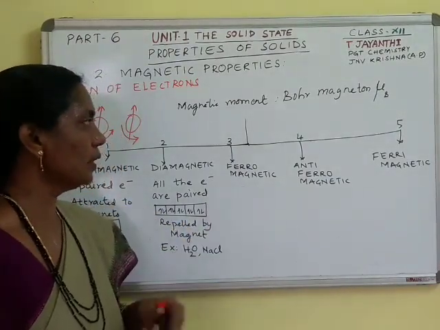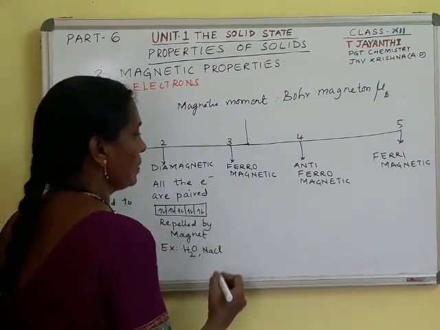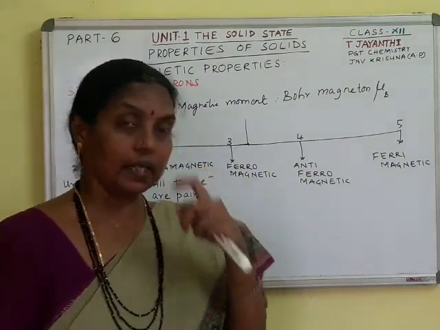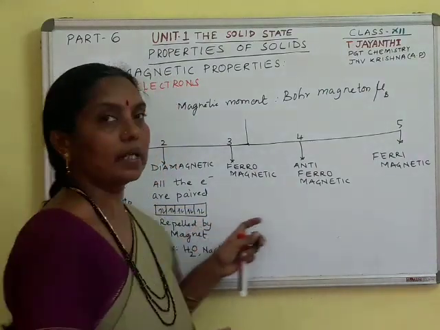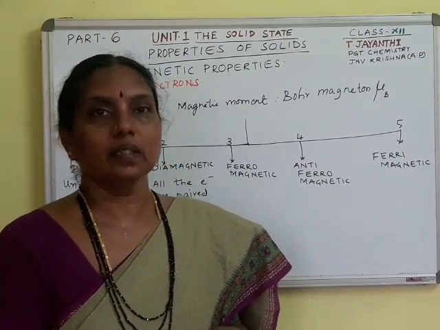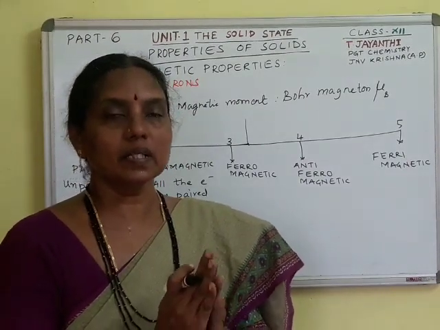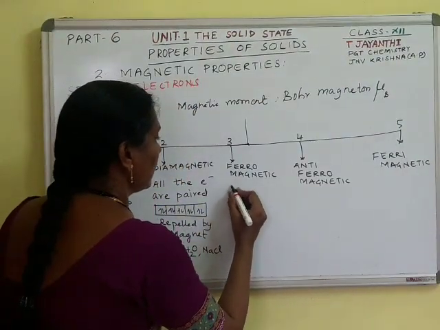Now coming to the third type, ferromagnetic substances. In these ferromagnetic substances, iron and iron-like metals, the electrons are arranged in such a way that all the electrons are in a single direction. This arrangement is called the domains.